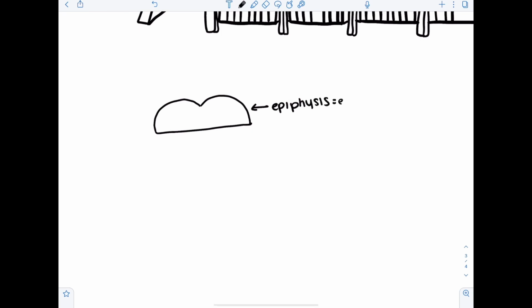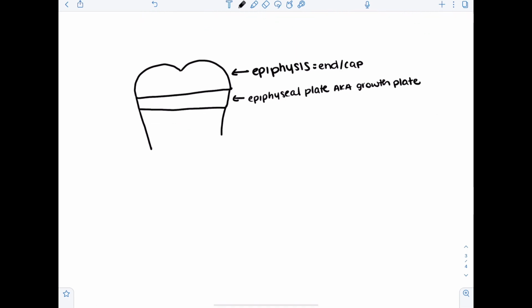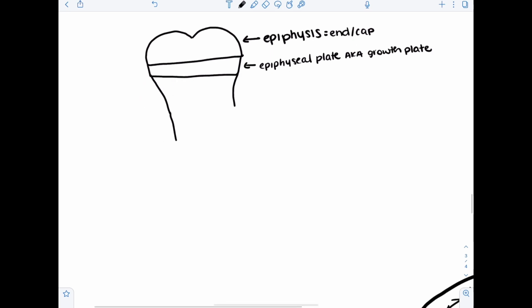The epiphysis is the end or the cap of the bone. And then we have this area that when we're children is still cartilage tissue, but as we grow older, it is calcified. This is known as our epiphyseal plate or our growth plate. We have our metaphysis, which is the in-between phase between our epiphysis and our diaphysis. So there's the metaphysis, and then we have our long diaphysis.